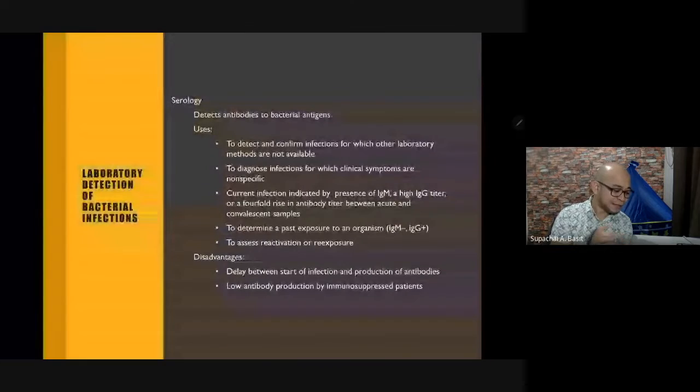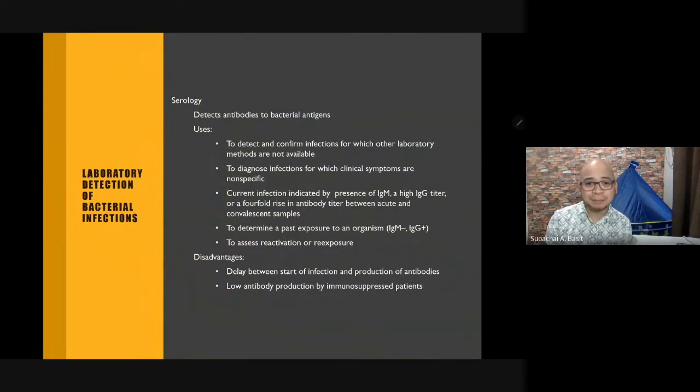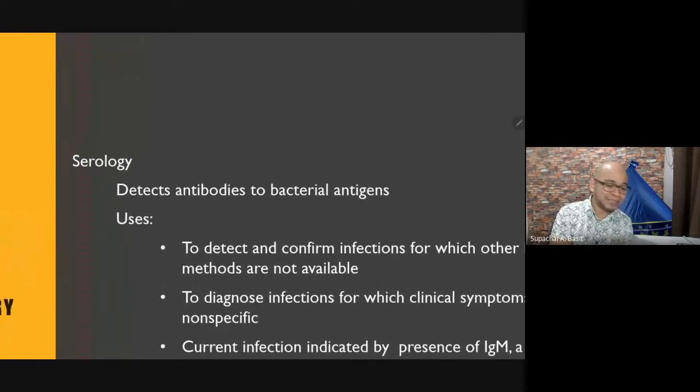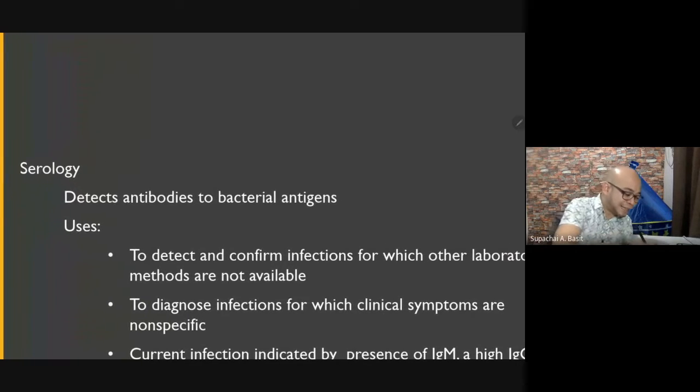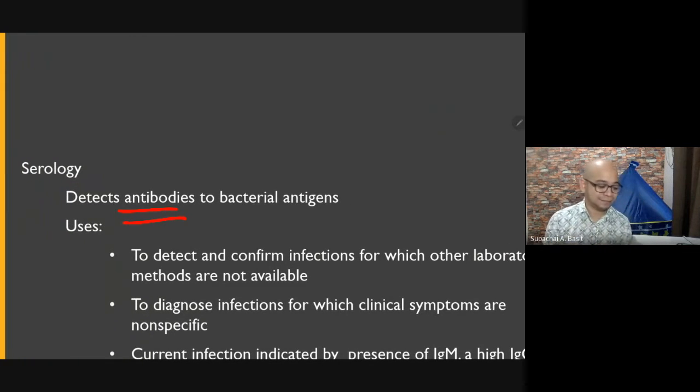Okay. However, when we detect bacterial infections, particularly clinically speaking, most of the time we do a serological assay. When you say serological assay, we detect antibodies against bacterial antigens.